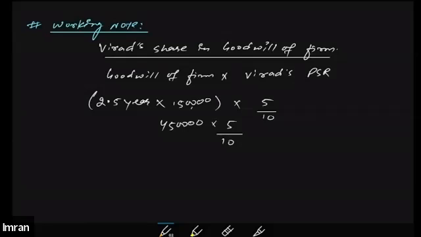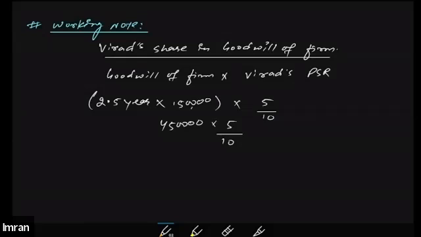Am I committing some mistake anywhere? Virat's share in the goodwill of the firm will be, just a minute, I think I'm making some mistake somewhere. 1,50,000 into 2.5.